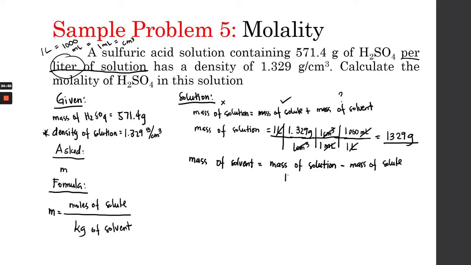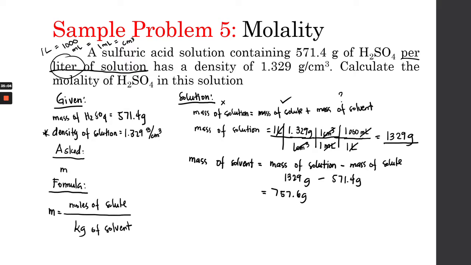And we have 1329 grams of solution minus 571.4 grams of our solute. And the mass of our solvent is equal to 757.6 grams. But we're not done yet. This is just the mass of the solvent.